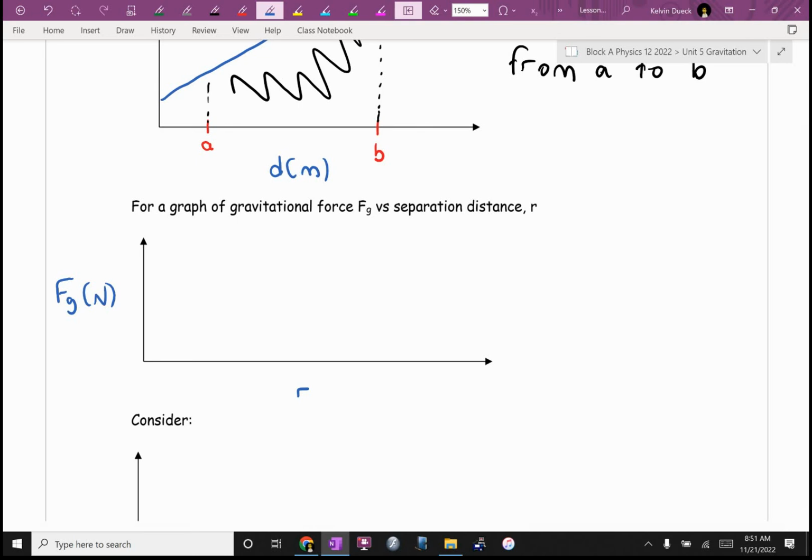Who's in Pre-Calc 12 this semester? Okay. Fg equals big G, big M, little m over r squared. Really, the force of gravity is proportional to 1 over r squared. Just to give you a better math memory, instead of an r, I'm going to put an x there.